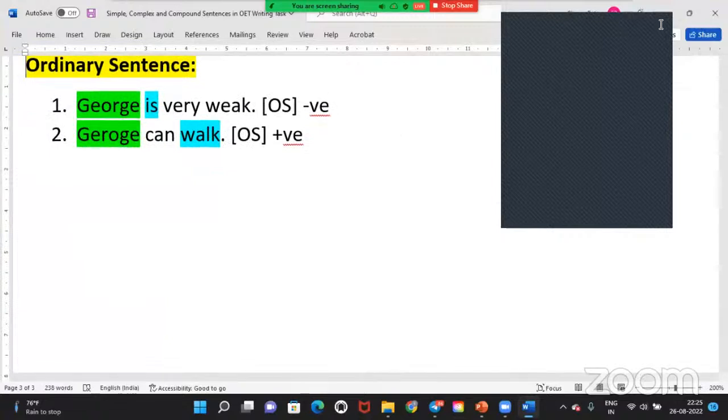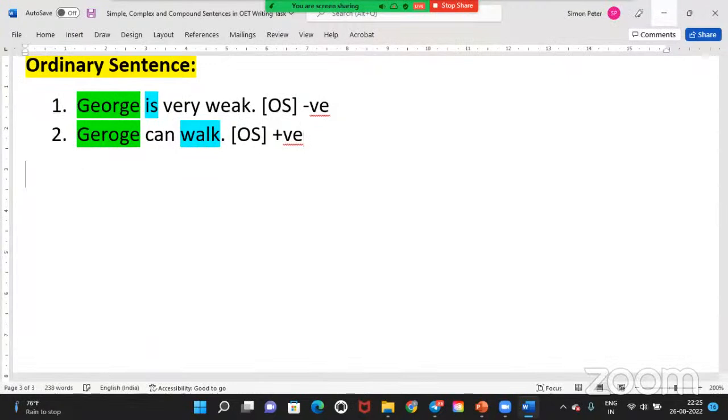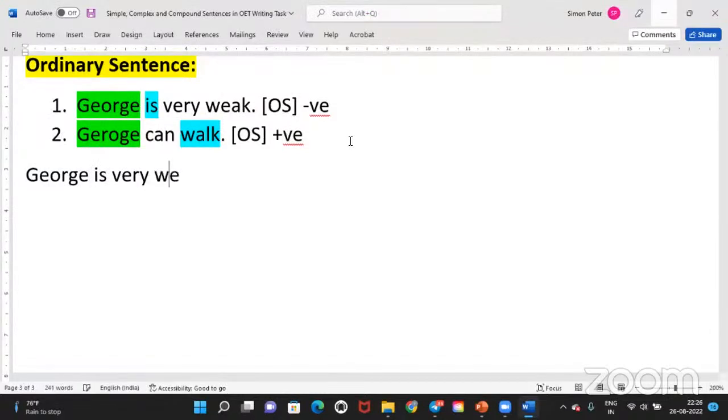Now let us see. We are going to join these sentences. George is very weak. George can walk. How is that possible? That is the question. George is very weak. He cannot walk means okay, understandable, reasonable.